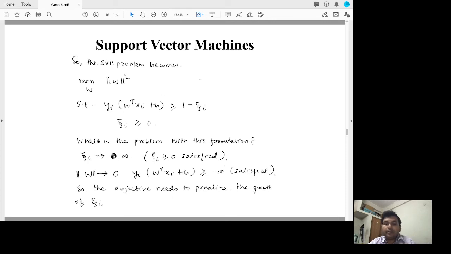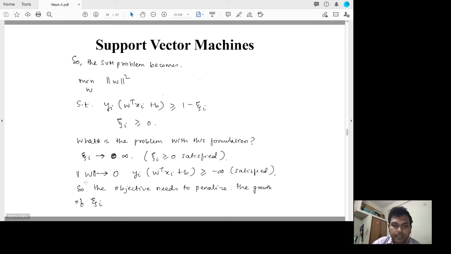Now what is the problem with this formulation? Let's say I make all the xi i's go to infinity. The constraint xi i greater than 0 is satisfied, and it is not stopping you from making xi i positive infinity. And you make W go to 0, since the norm of W square cannot go less than 0, so you have achieved the minimum value.